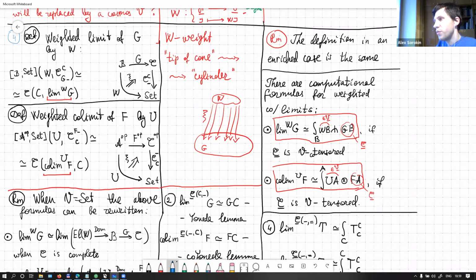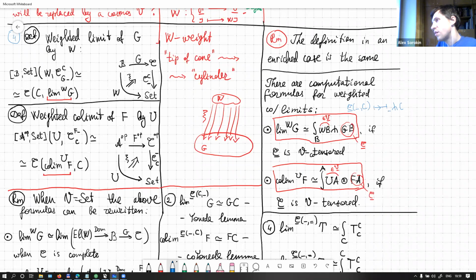But as a brief reminder, cotensoring with object C is right contravariantly adjoint to the contravariant Hom functor.